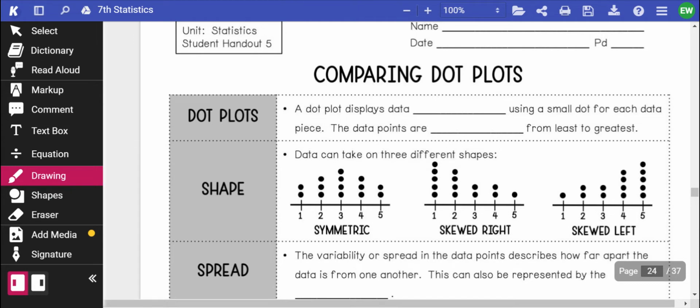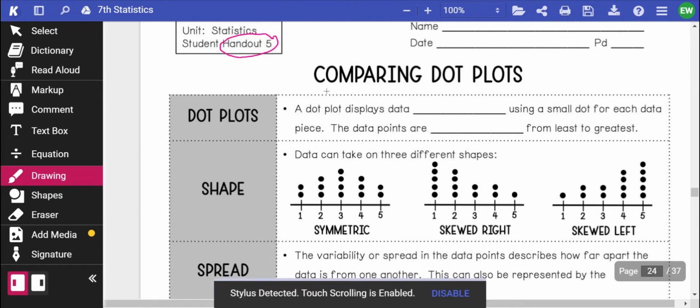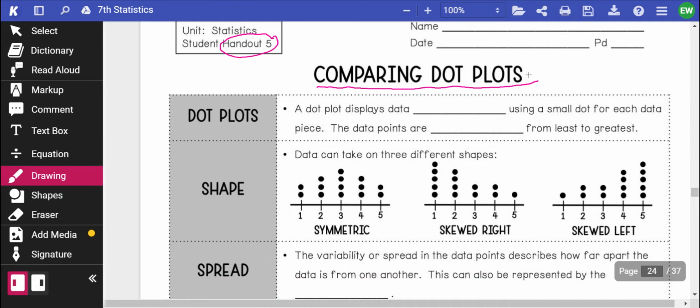This is student handout 5, and we are comparing dot plots. Okay, I'll give you a second to find that. You should be prepared. This is going to be an Edpuzzle, so you're going to go through, answer a few questions, as well as take notes.